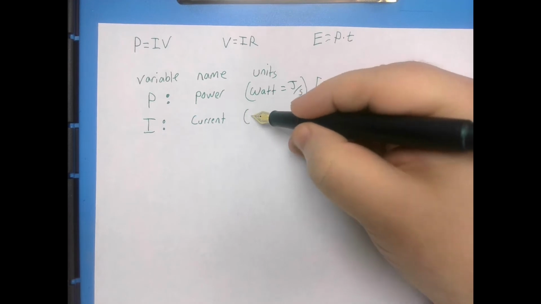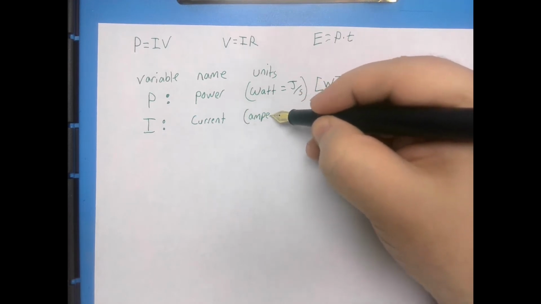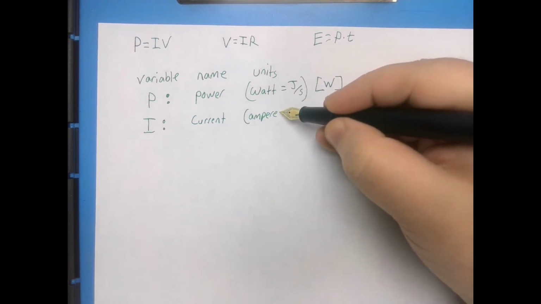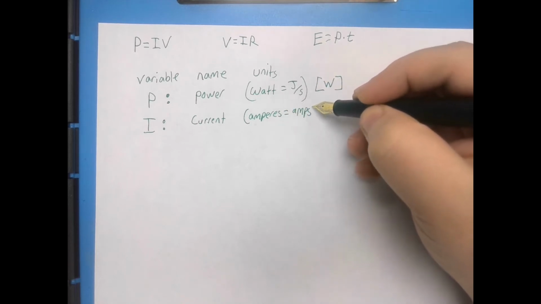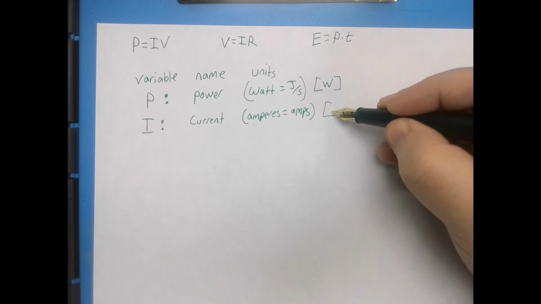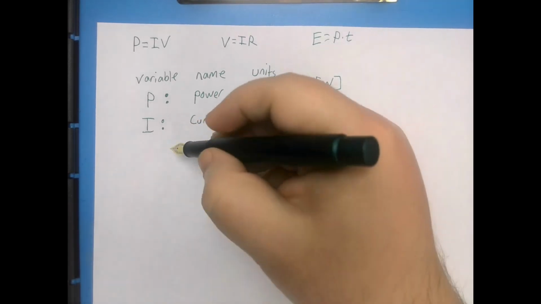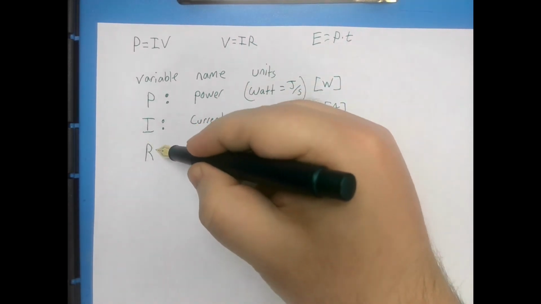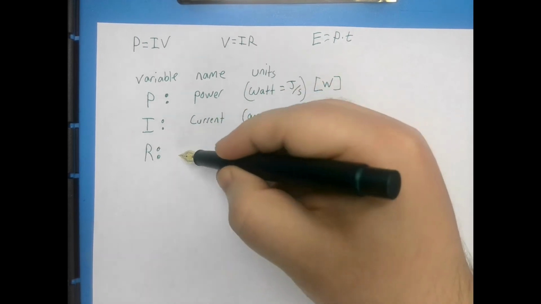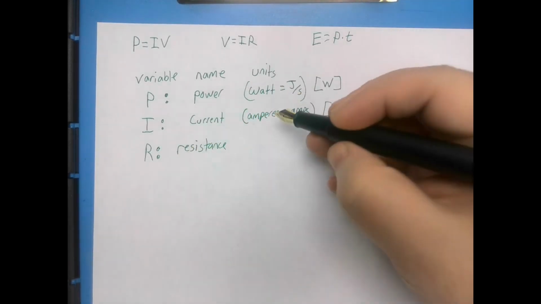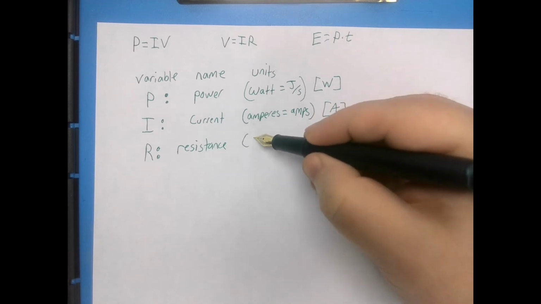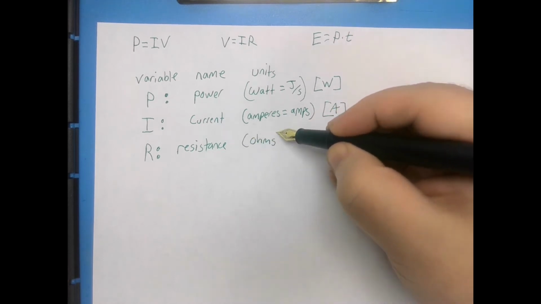Its unit is the ampere, usually abbreviated as amp. We have resistance. Unit is the ohm.